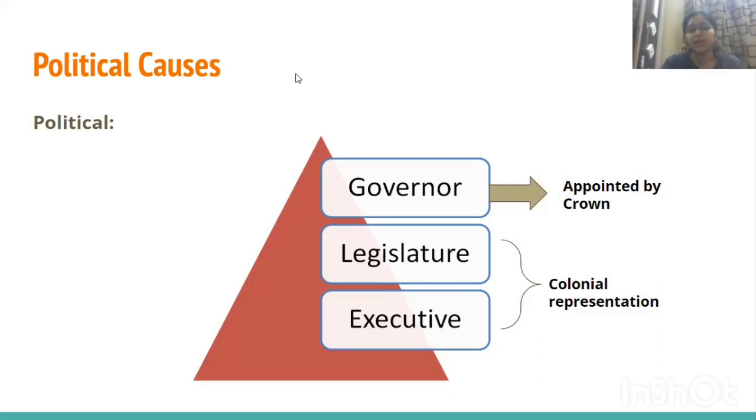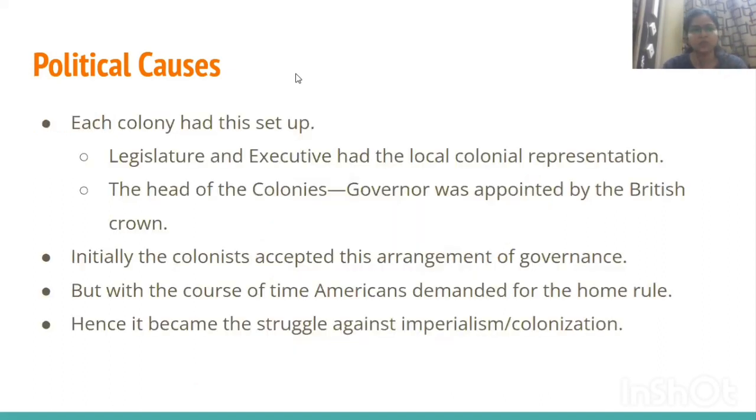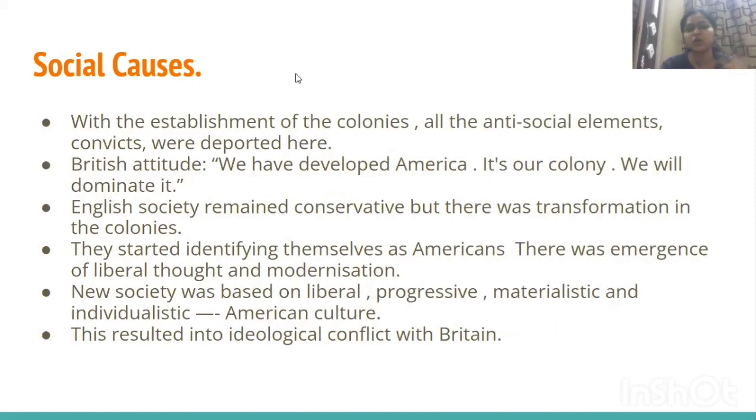They wanted to be governed by a person elected by them, who is their real representative, and not one appointed by the Crown. So slowly and gradually, the people of the colonies demanded self-rule. Okay, so that was the first cause which we covered in the previous session. Second, we saw the social cause.